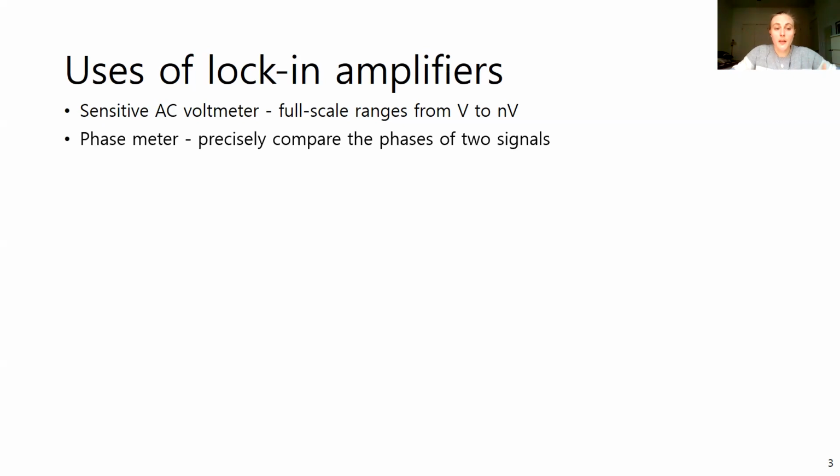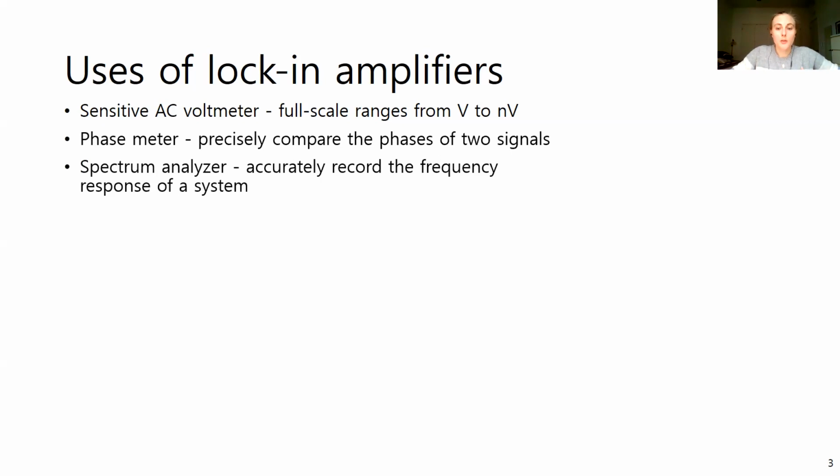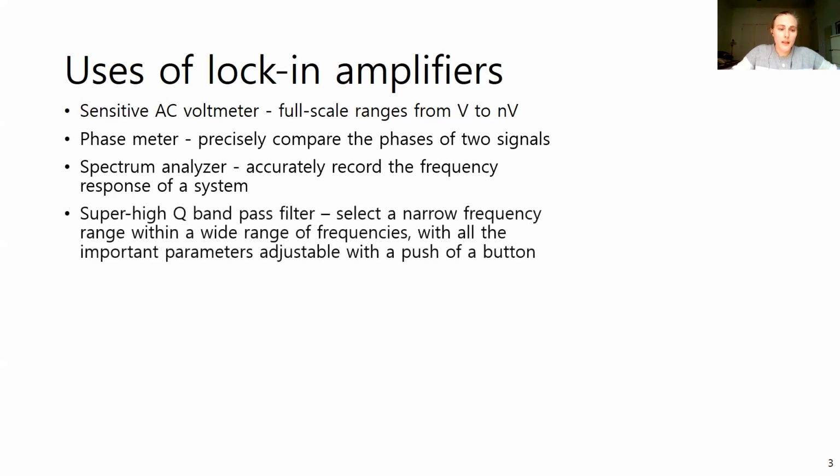You can also detect the phase of your signal compared to this reference signal very precisely. You can record the frequency response of your signal or a sample. And as I highlighted yesterday, and we'll go over later, it's a very high quality bandpass filter, way better than the bandpass filters you constructed in lab previously.